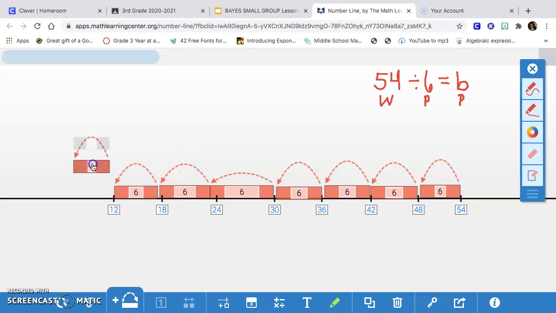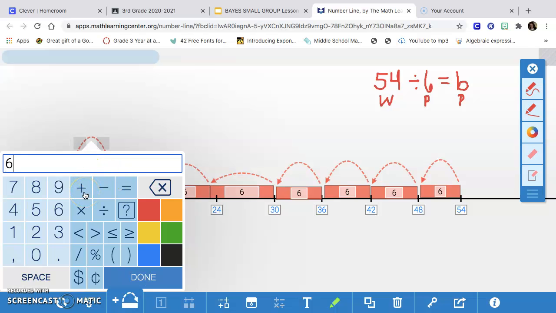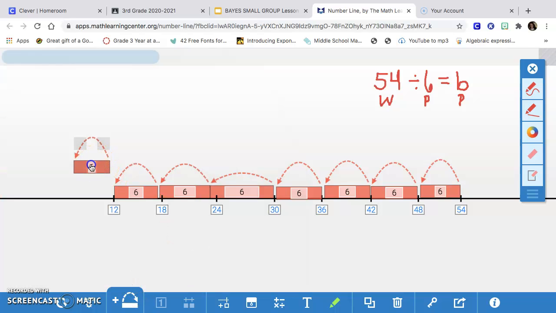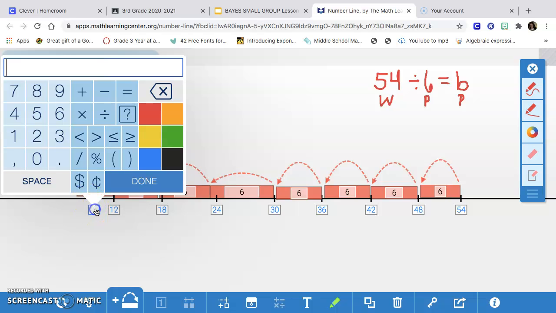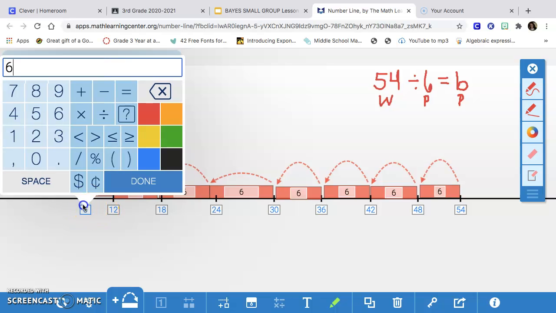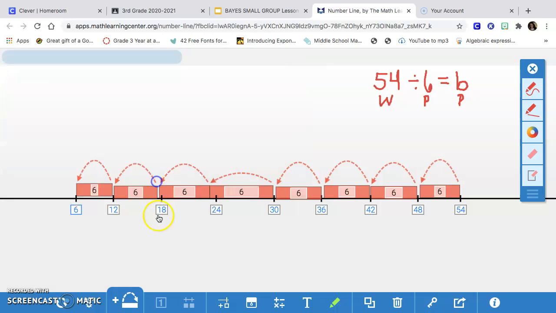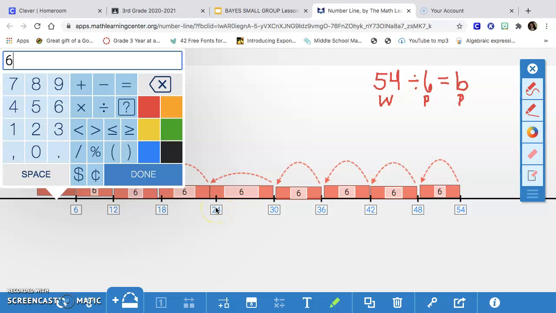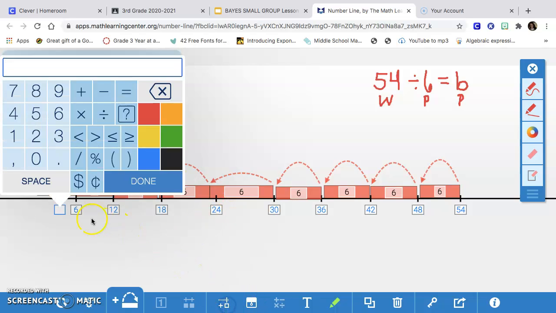So 12 minus 6 gives us 6. And then we're going to have 6 minus 6, which will give us 0.